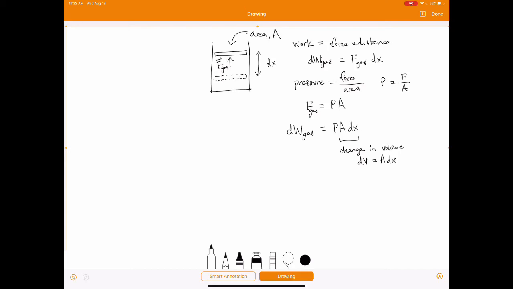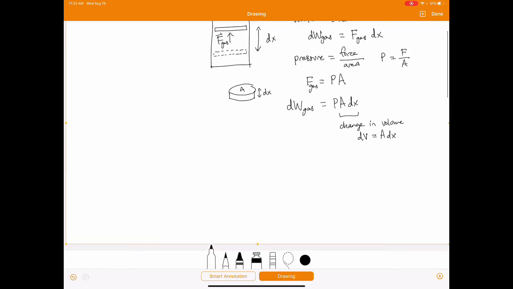The volume of the gas has changed by some amount, and the volume that we've increased by, we can think of it as a little cylindrical volume like this, where this is the area and dx is the distance we moved up. So that area times the height of that cylinder gives us the volume, which again is the increase in volume of the gas as the piston moves up. So therefore, we can write this as PdV.